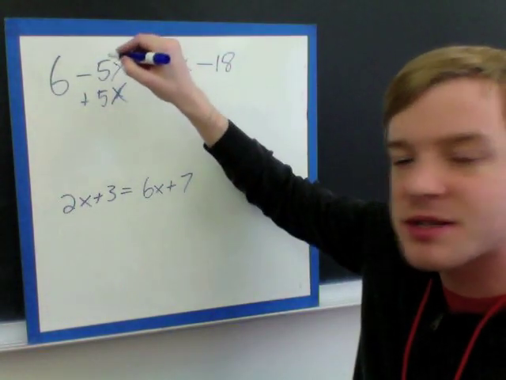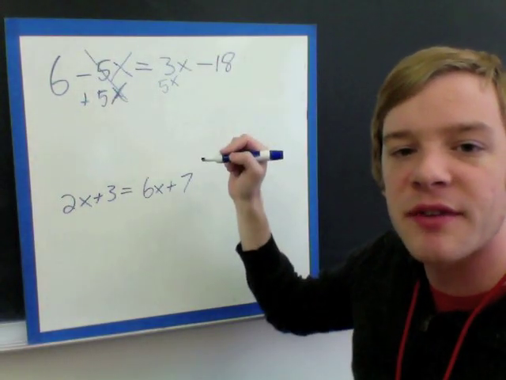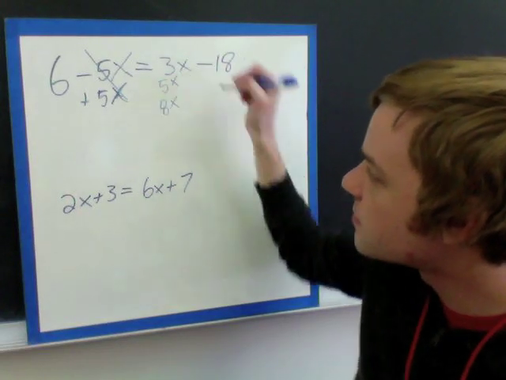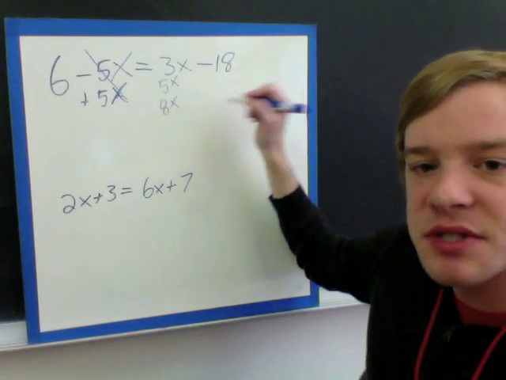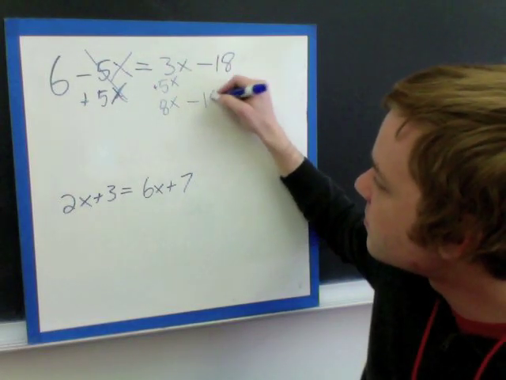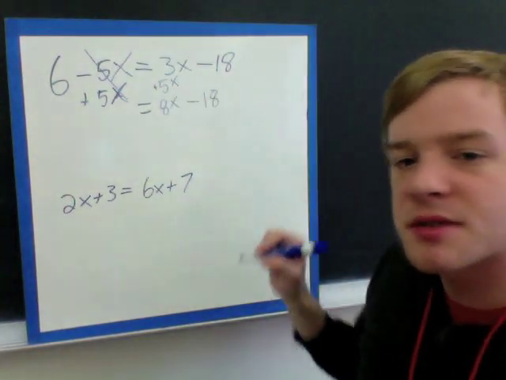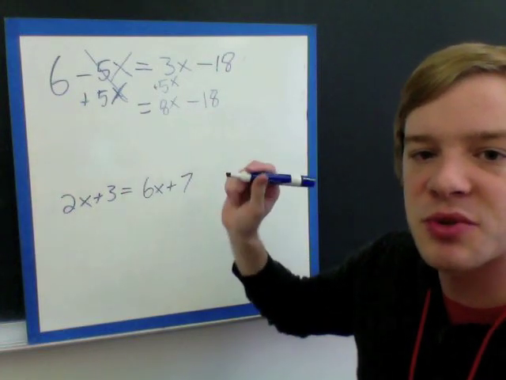So these two will cancel out, and 3x plus 5x will give me 8x. I didn't change the negative 18, so I can bring this down. My equal sign stays in the same place, and this 6 didn't change at all, so I can bring this down as well.